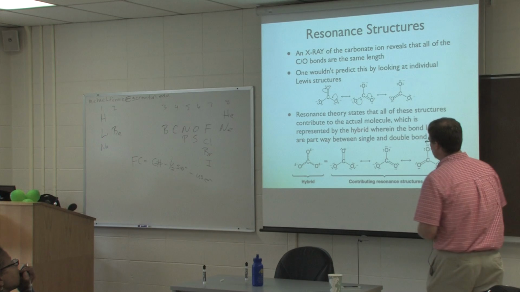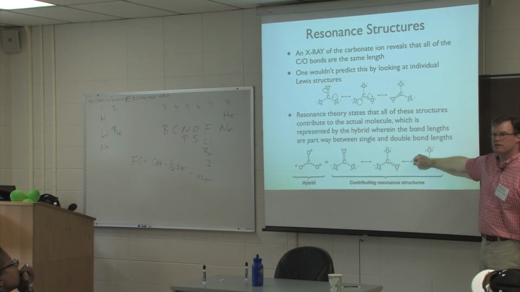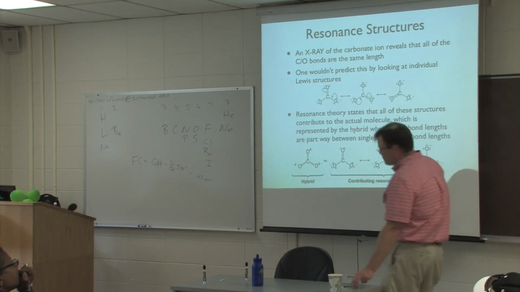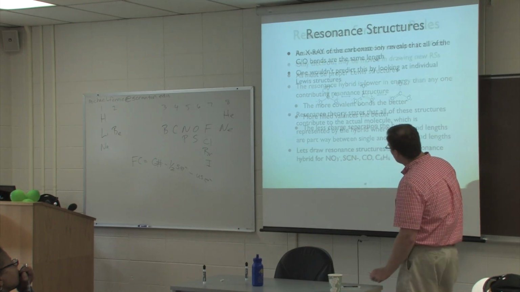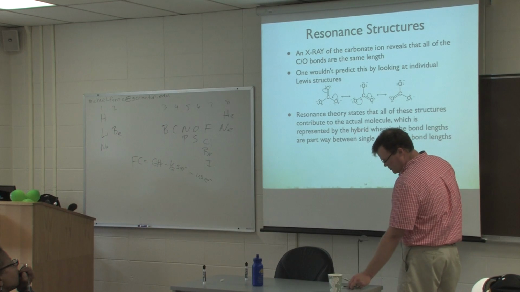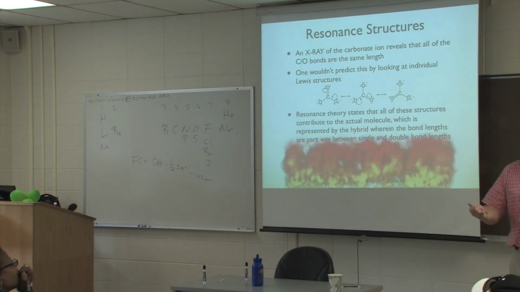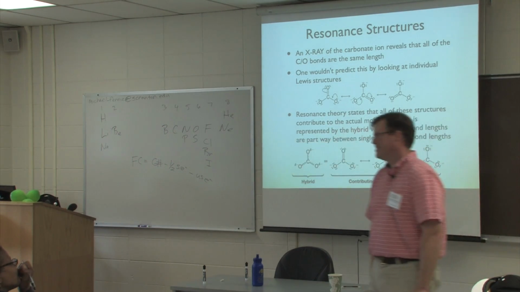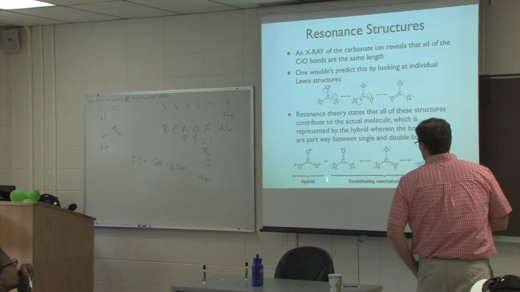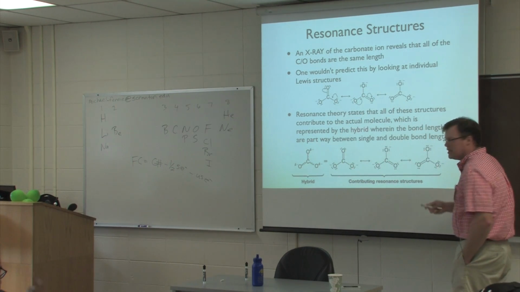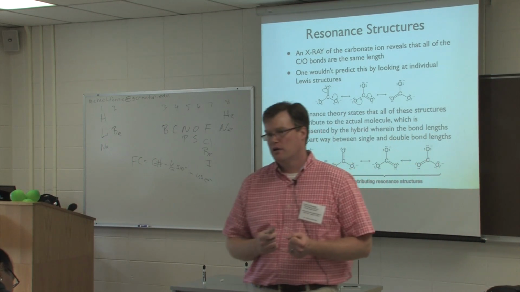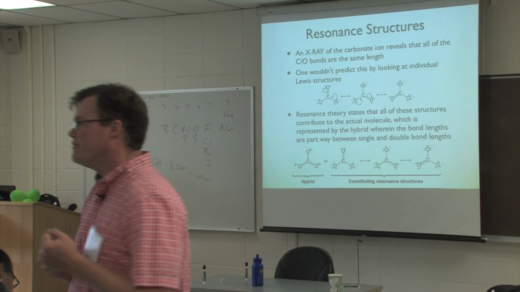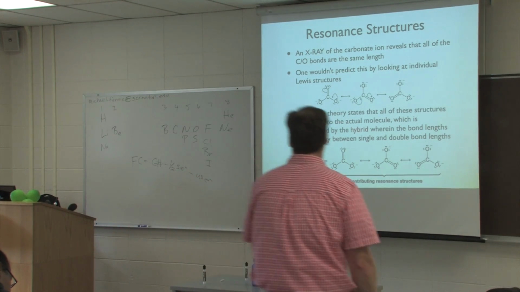What's the point of showing this? The overall point of showing this is that the energy of this hybrid structure is going to be lower than that of any contributing resonance structure.